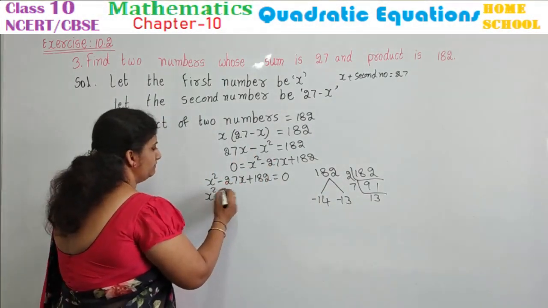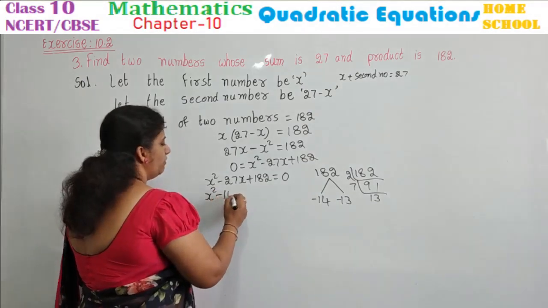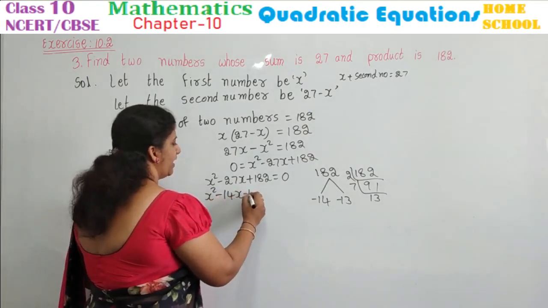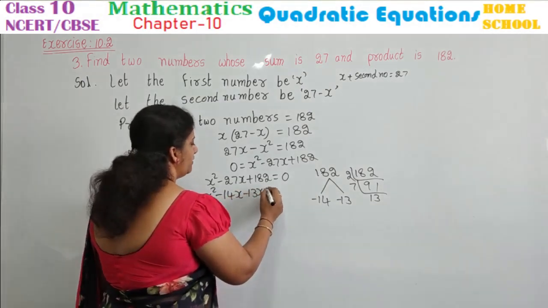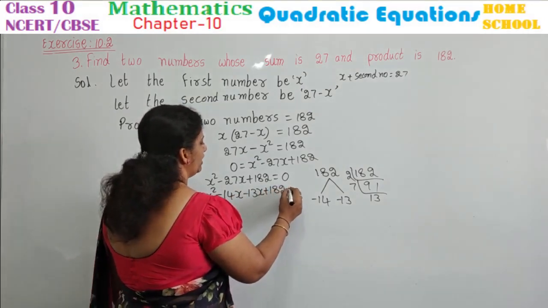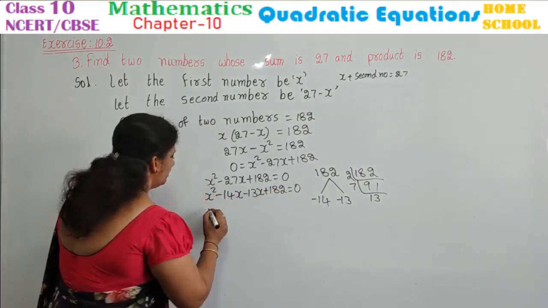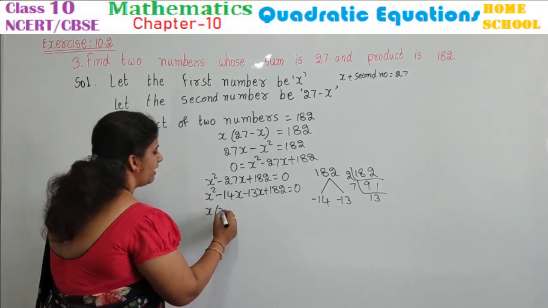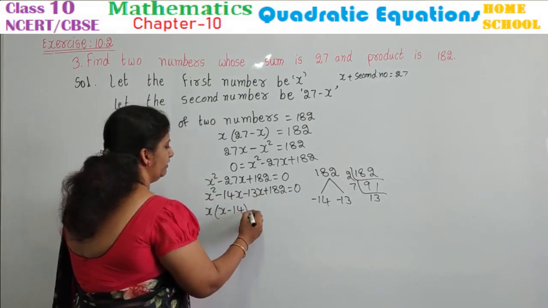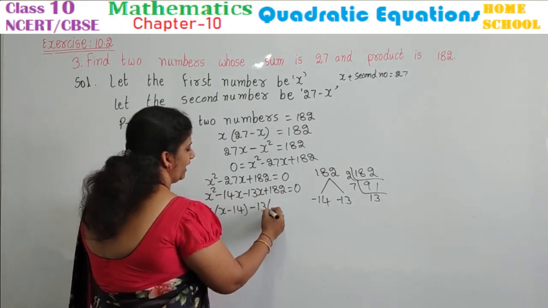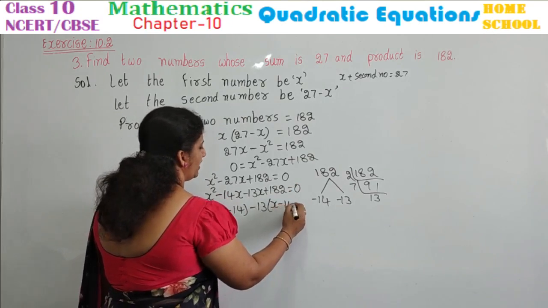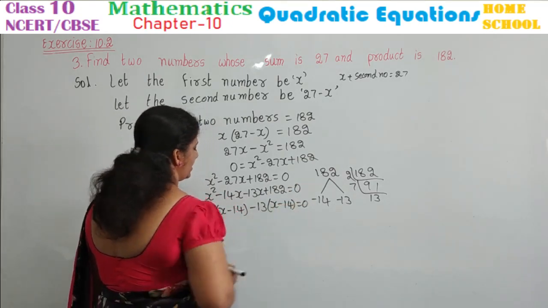Split the middle term. x square minus 14x minus 13x plus 182 equal to 0. Take x common: x minus 14, minus 13 take out common. You are left with x minus 14 equal to 0.